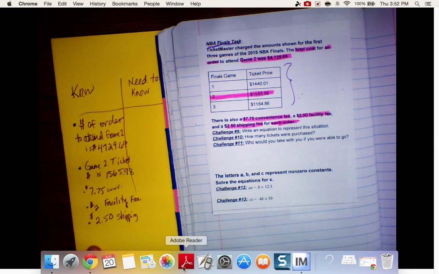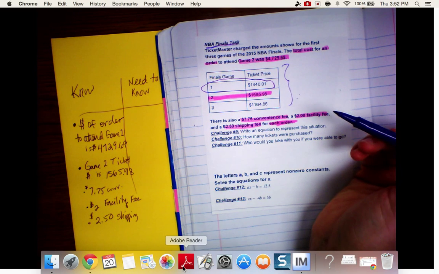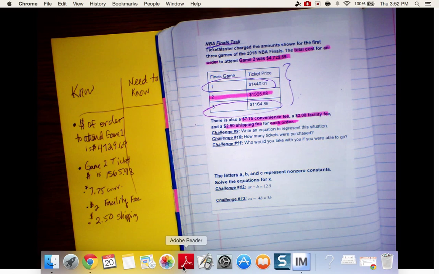All right, so at this point I would ask, is there anything else that we know about this problem? Some students brought up the fact, well, Game 1 tickets cost this much and Game 3 tickets cost that much.